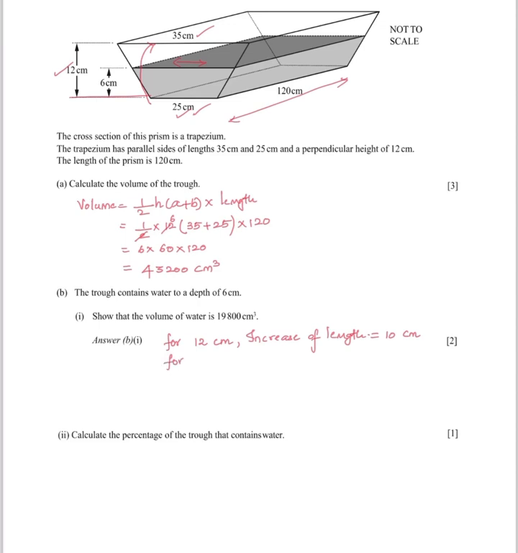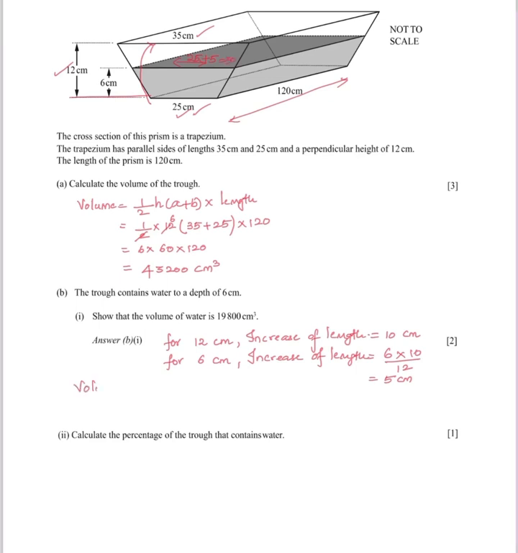In the same way, for 6 centimeter, let's calculate the increase. The increase of length would be 6 times 10 by 12, which is 5 centimeter. So the side which is parallel to 25 is now 25 plus 5, which is 30.